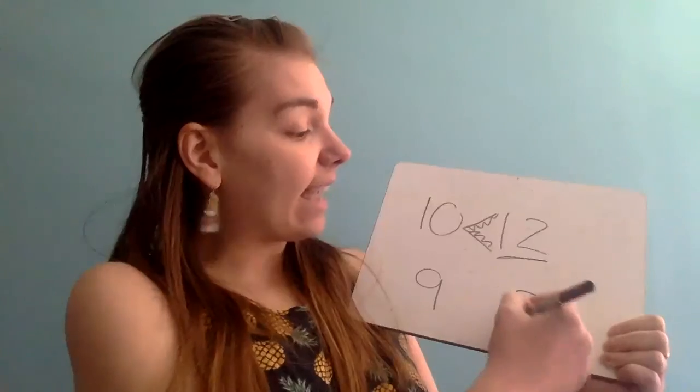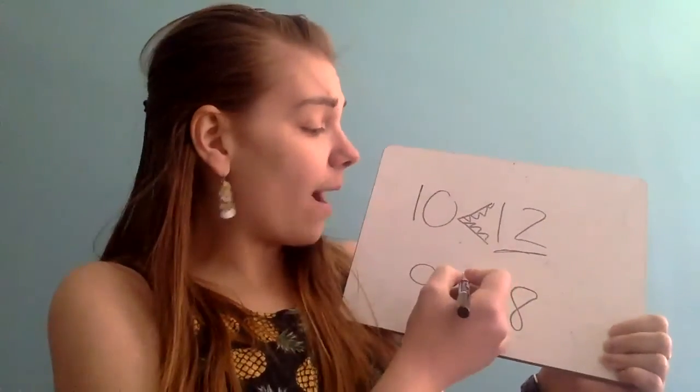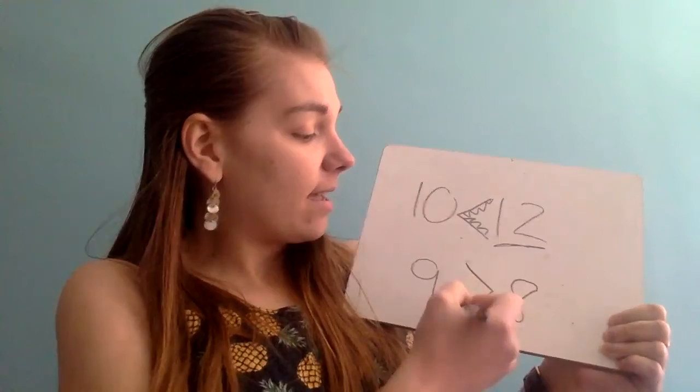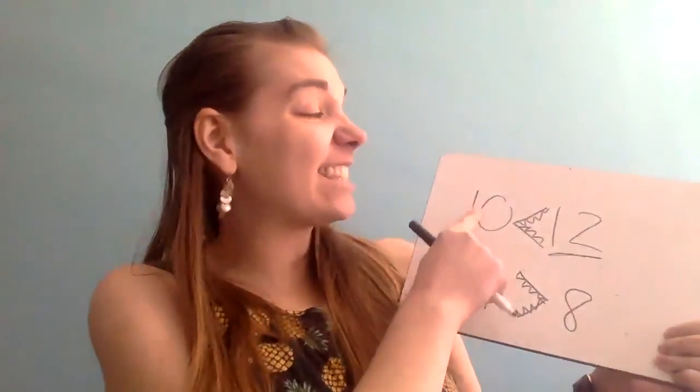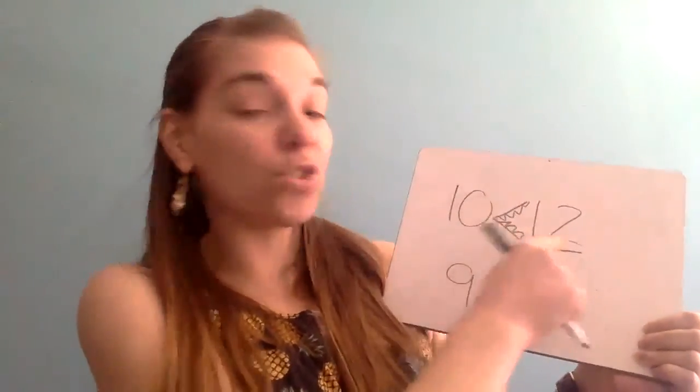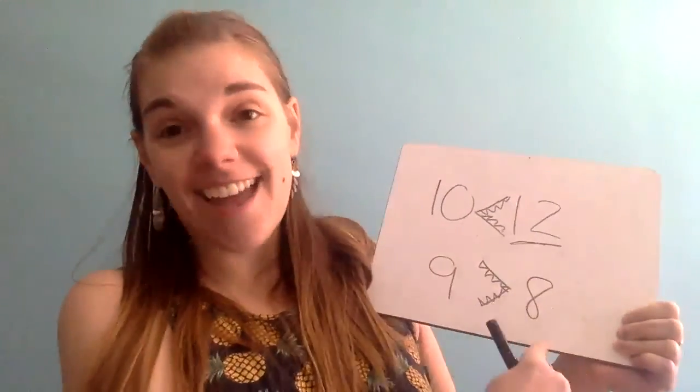And then if I had 9 and 8, which one's the largest number? I would say 9, so I would put the hungry alligator's mouth towards the 9. So I would read this as 10 is less than 12, but 9 is greater than 8.